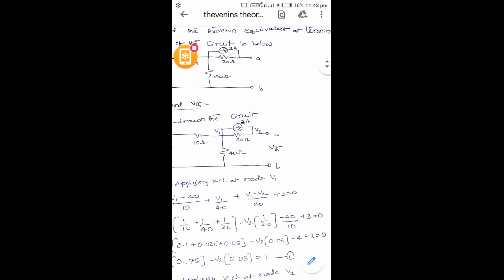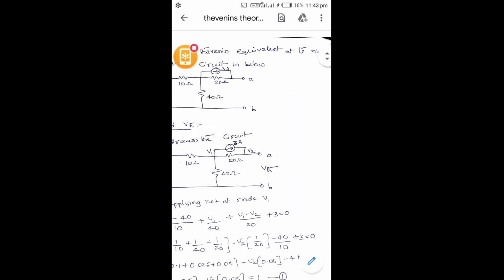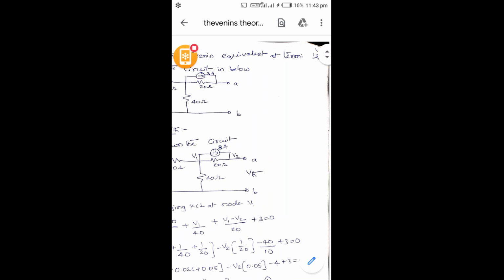Now 1 by 10 becomes 0.1, plus 1 by 40 becomes 0.025, plus 1 by 20 is 0.05. This is the V1 term, and for V2, minus 1 by 20, which is minus 0.05, and minus 40 by 10 becomes minus 4 plus 3, equal to 0.